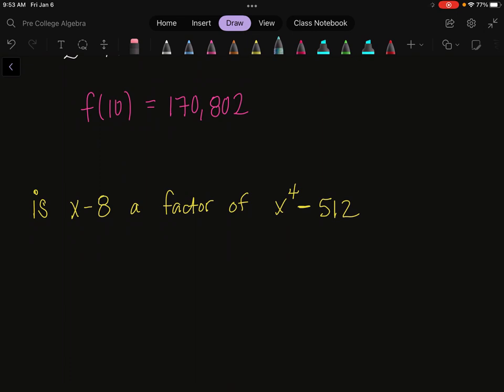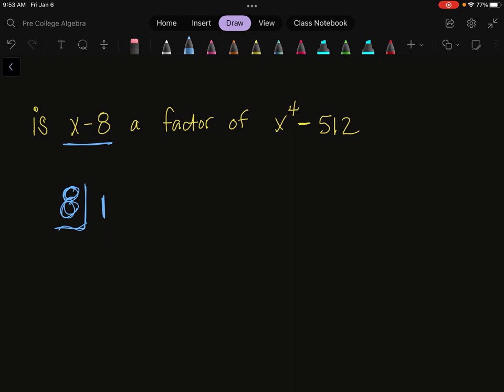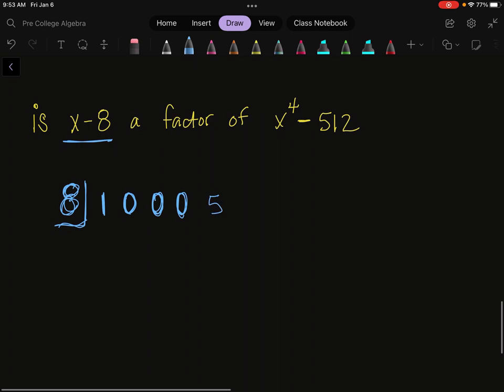While setting this up synthetically, with a 0 here would be 8. So I put 8 there, put my little backwards L, or put it in a box. And then I got 1. And that's x to the 4th. X to the 3rd is 0. X to the 2nd is 0. X to the 1st is 0. And then negative 512. Okay? So you see how that goes? You have to put those placeholders.